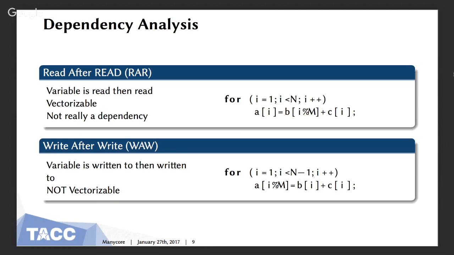An example of this is in this for loop down here. The same variable is being written to in different iterations. You can imagine that if iterations were being performed simultaneously, like in the case of vectorization, it's unpredictable which value A will be updated with.